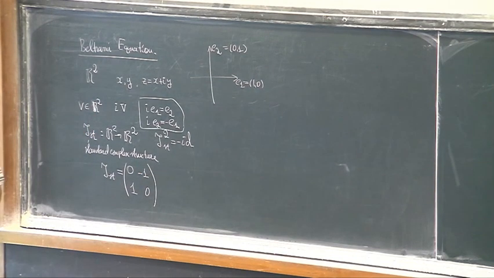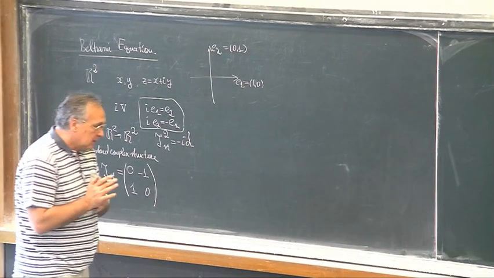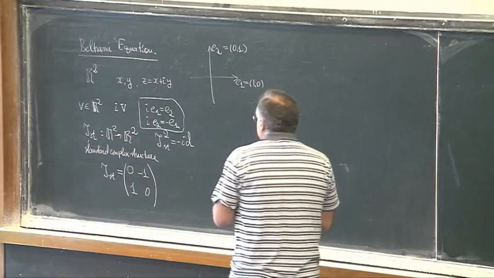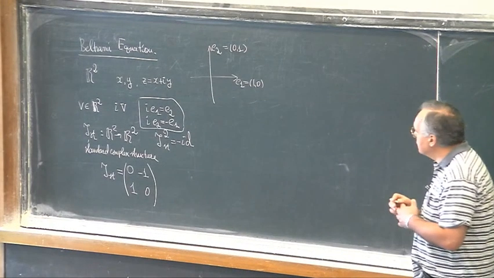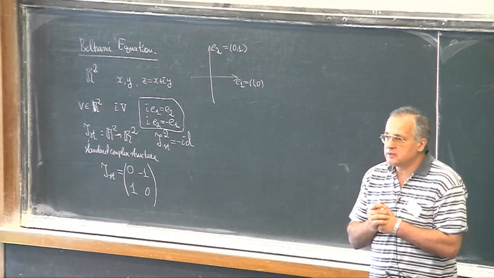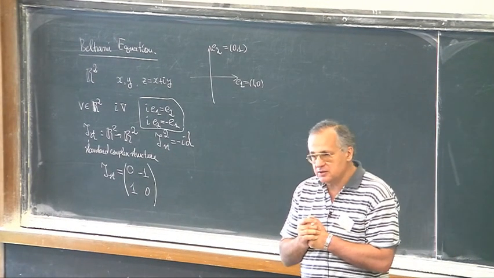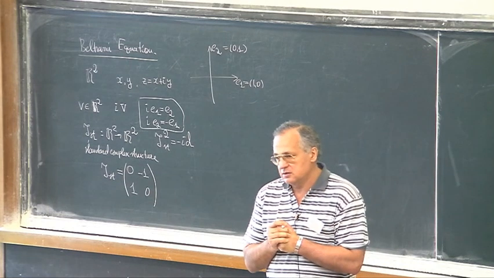Now, I would like to generalize this picture and to consider a complex structure on R2 which depends on a point.